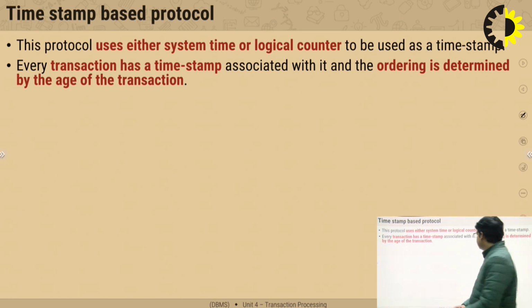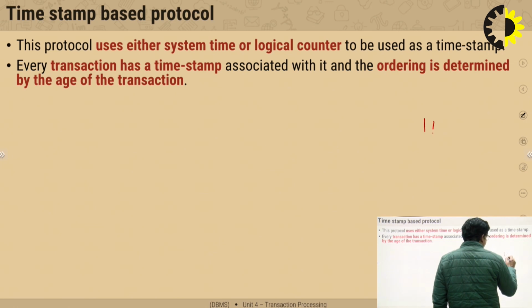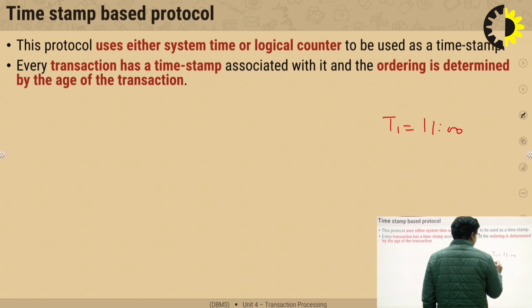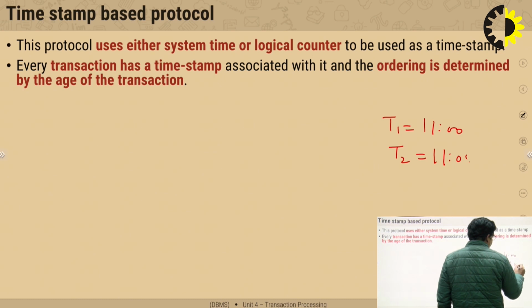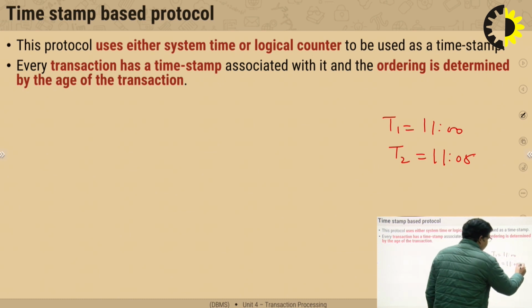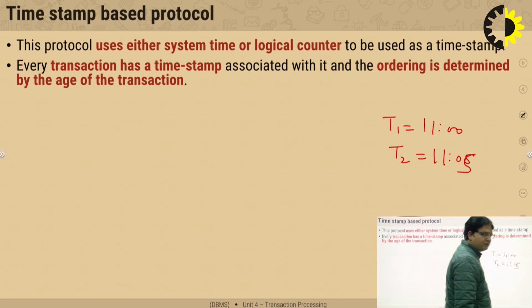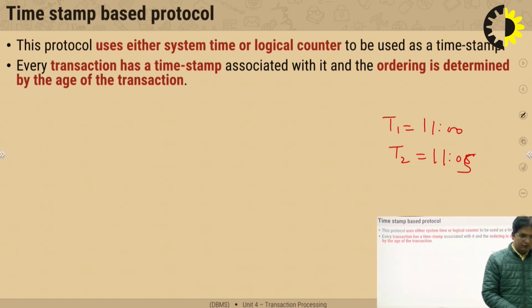If there are two transactions, one that enters the system at 11 o'clock, then this is the timestamp value of that transaction. The timestamp of another transaction may be 11:05. Now transaction T2 is a younger transaction and T1 is an older transaction. The very purpose of having this timestamp value is that whenever a conflict occurs in the system, whether a transaction can perform the read or write operation, the conflict is resolved with the help of the timestamp value.